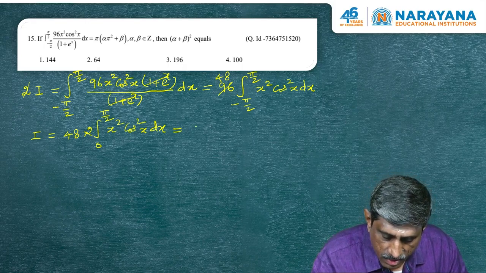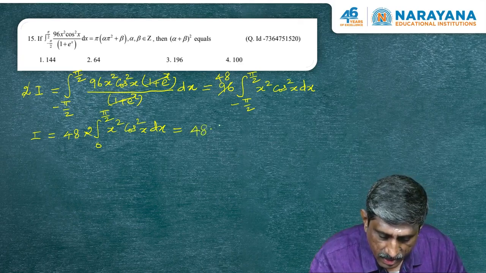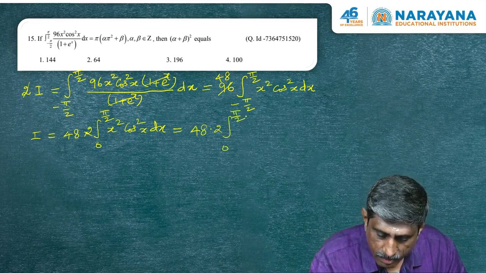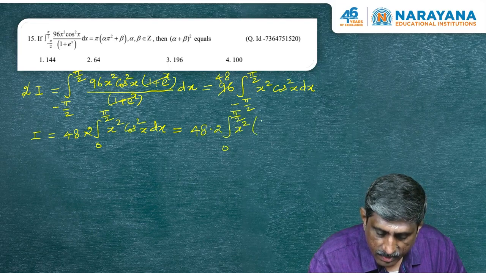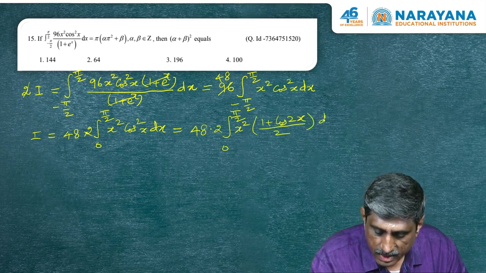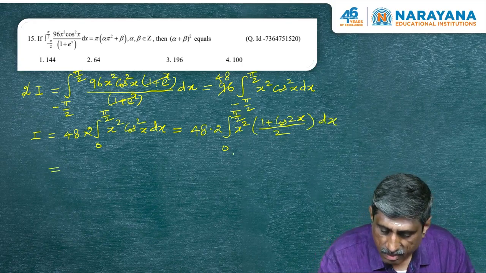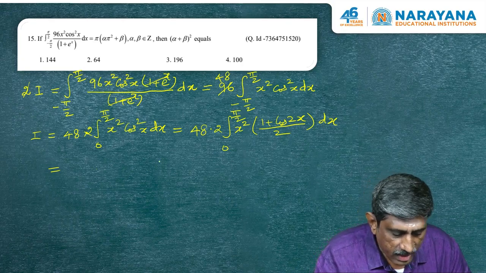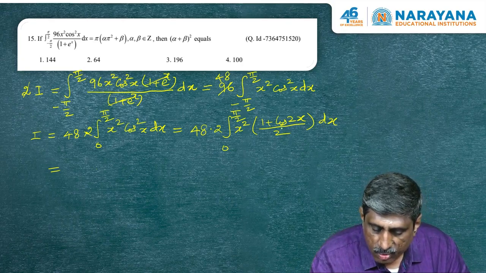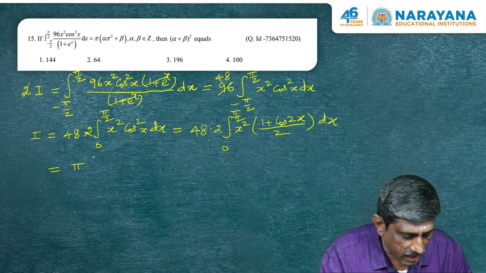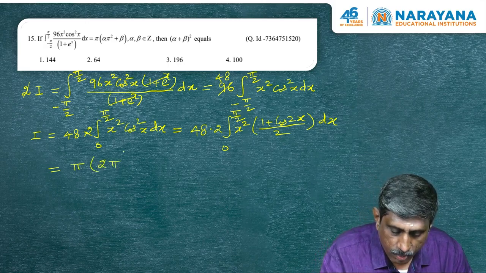So, this is 48 times into 2 into integral 0 to pi by 2 x square into 1 plus cos 2x divided by 2 dx, and when we apply integration by parts, it is integral 0 to pi by 2 x square into 1 dx is one part, and integral 0 to pi by 2 x square into cos 2x divided by 2 dx is another part, and on simplification we are getting pi into 2 pi square minus 12 as the answer finally.